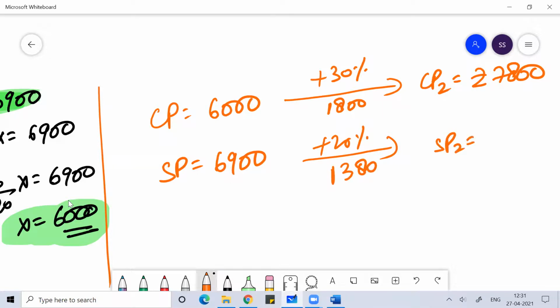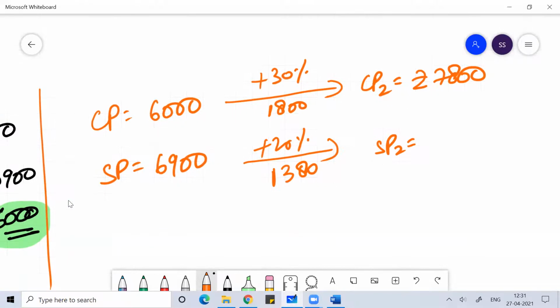So your selling price would be how much? 69 twos are 138, so 1380. Now what is the selling price? 6900 plus 1380, so this is 8280.